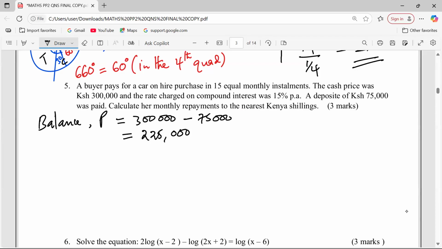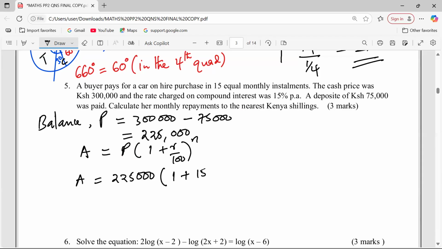So it earned interest until some amount was paid. According to the compound interest formula, the amount will be 1 plus rate over 100 raised to n, the number of interest periods. Therefore, the amount shall be the principal that we are having here times 1 plus the rate of interest, 15%.